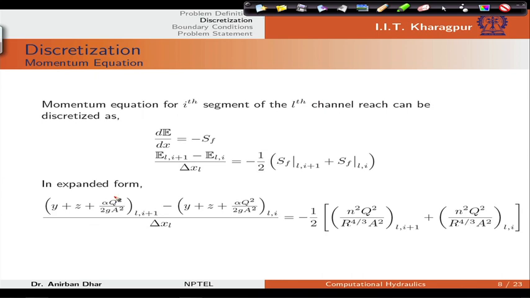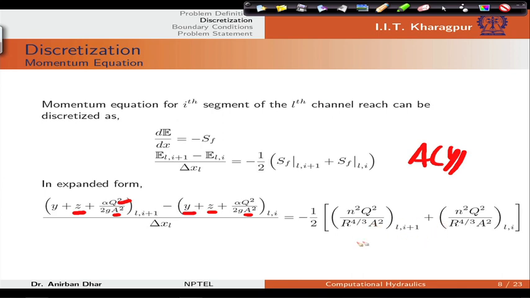So, in a particular problem, Z is known, Q is known, A is again a function of y. Only the unknown is y, and A is a function of y only.